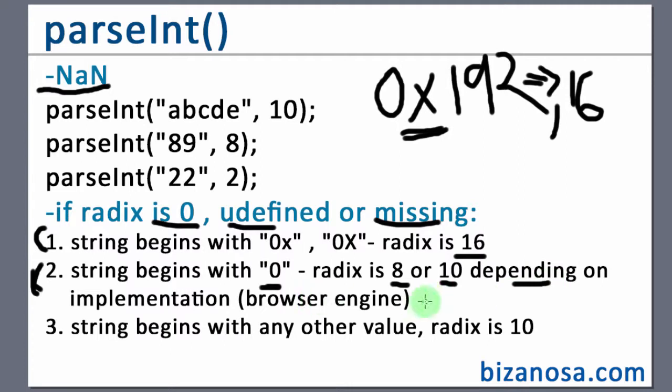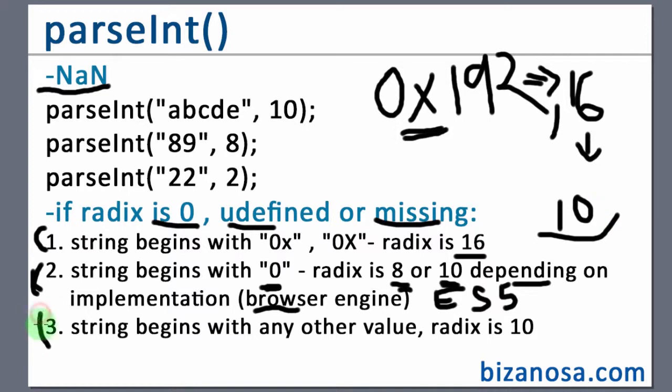So there are certain browsers that will consider it 8, others will consider it 10 if it begins with 0, and that entirely depends on the browser. But from ES5, ECMAScript 5 implementations, the default will be 10. So even if the number begins with 0, the default will be 10.